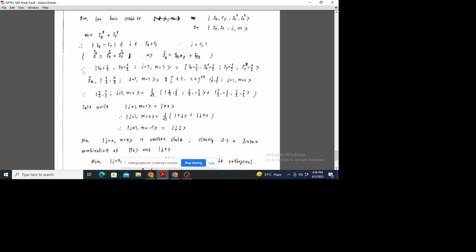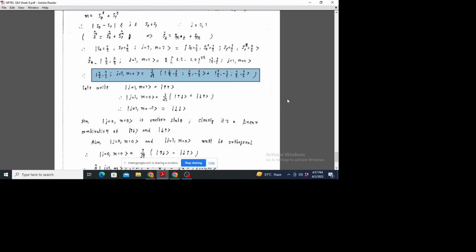Okay, so act with S minus on J1M1, and on the right hand side you act with the individual operators of the individual systems. Finally you collect all the results, and this is what you conclude.